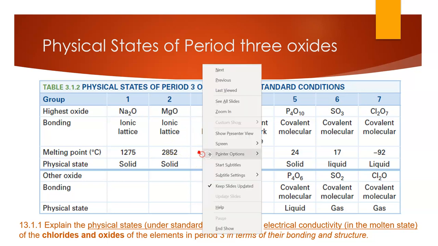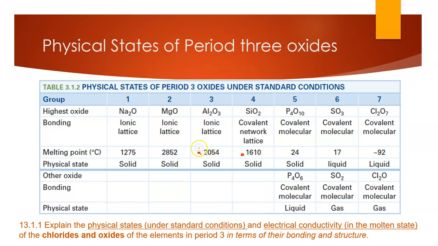Okay, so we tend to have high melting points in the ionic compounds, with silicon dioxide forming a covalent network lattice. Remember, this is our example of a non-carbon covalent network lattice. And then we have lower melting points as we form molecular compounds here.